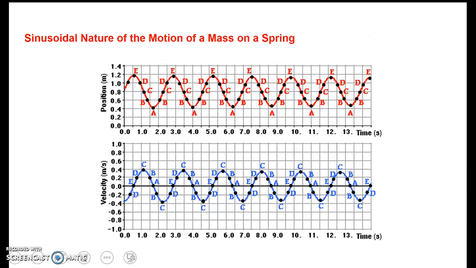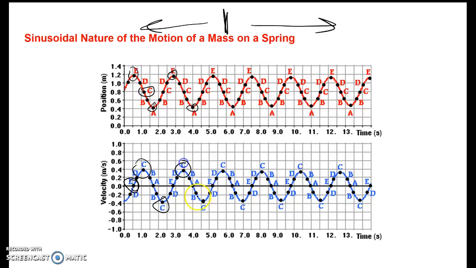Now, what we see with the motion here is very similar to what we saw with the pendulum. At the crests and troughs of our motion, we are moving zero. That's where we're farthest out or away from the equilibrium position. At the equilibrium position, that's when we're going to be moving the fastest.